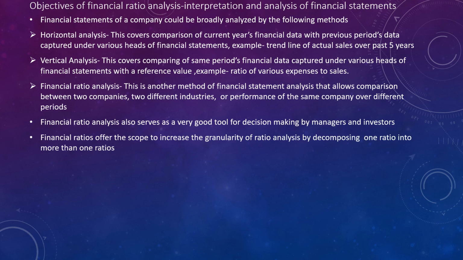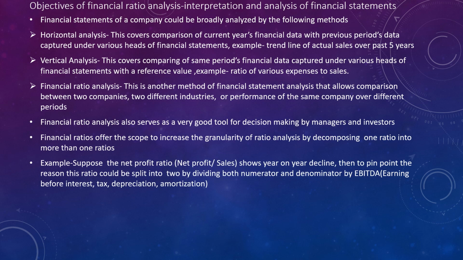Financial ratios offer the scope to increase the granularity of ratio analysis by decomposing one ratio into more than one ratio. For example, suppose the net profit ratio, that is the net profit by sales, shows a year-on-year decline. Then to pinpoint the reason, this ratio could be split into two by dividing both numerator and denominator by EBITDA, that is earnings before interest, tax, depreciation and amortization.